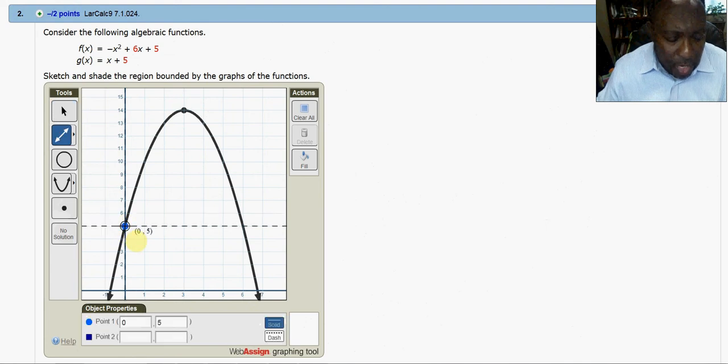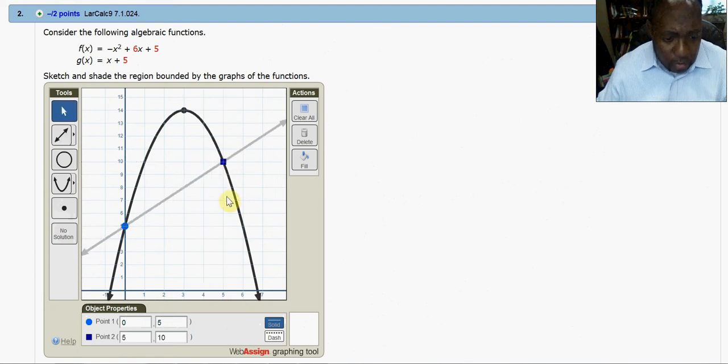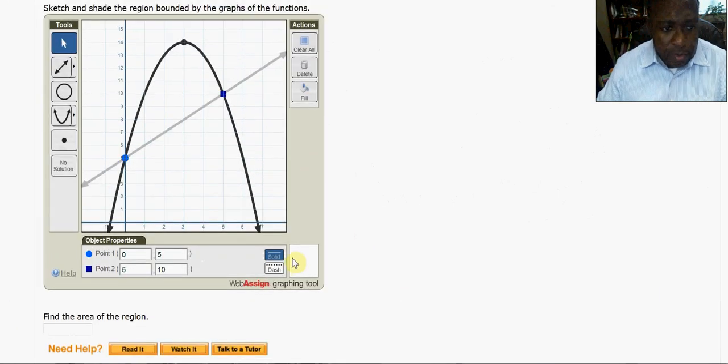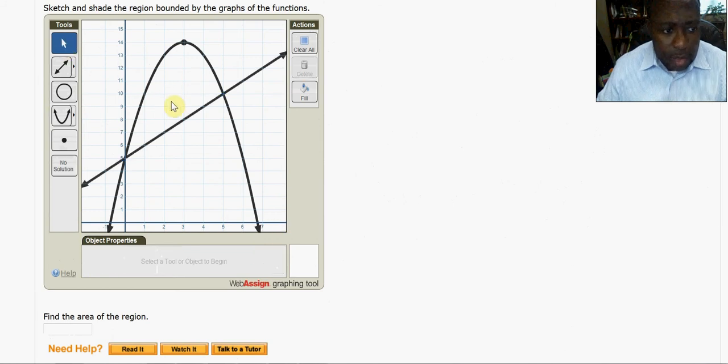So here, that line, you had a point at 0, 5. Then you had a point over in the negative, and since my scale doesn't want to go over there, I guess it picks it up. Well, we had another one at 5, 10. So I'll just go there. Okay. And then they want us to do a solid.